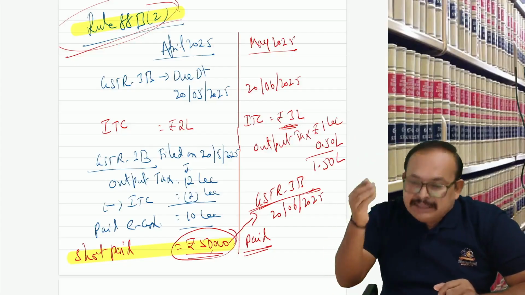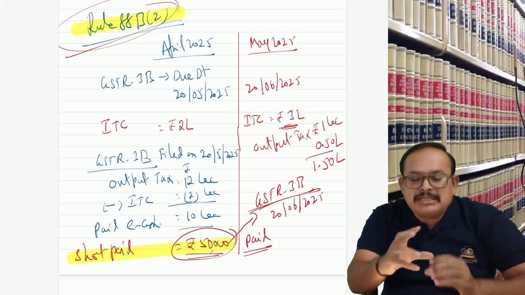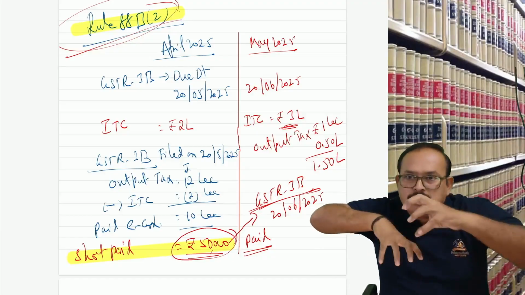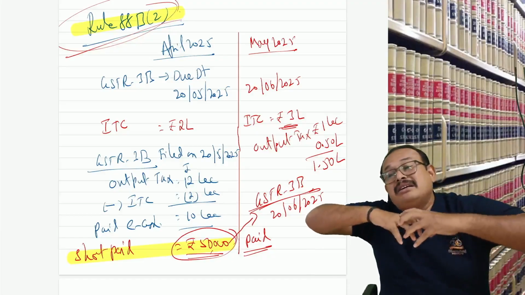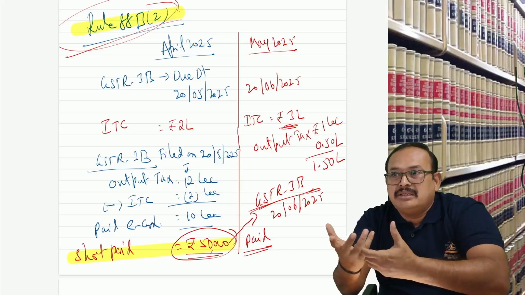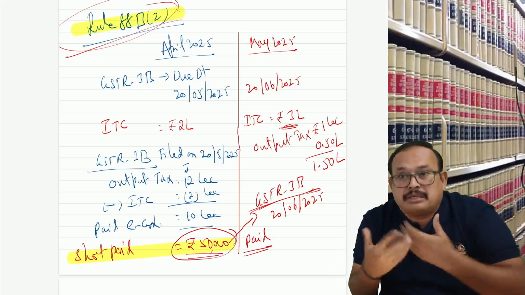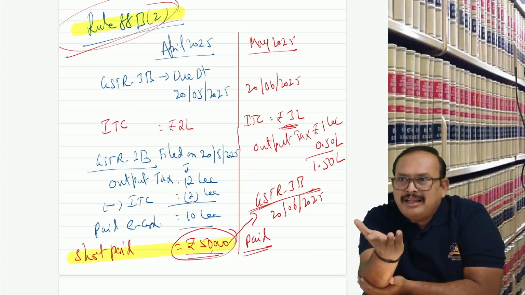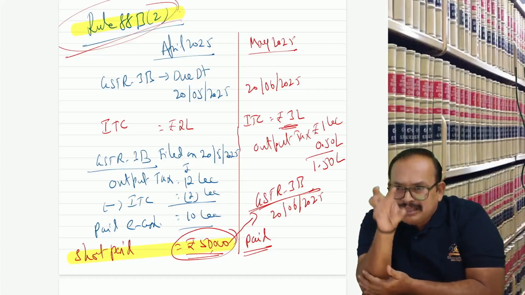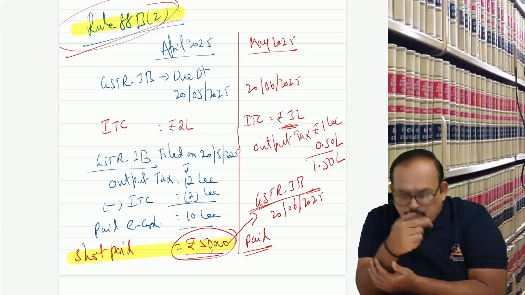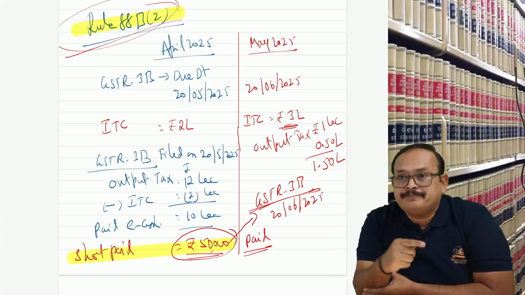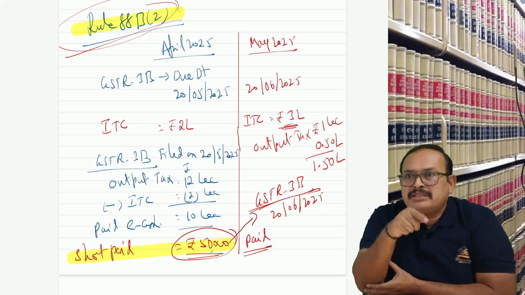It is the money of the government, but the money shifts from the electronic cash ledger account to the government revenue account, the treasury, only when I submit the GSTR-3B. But the amount is available with the government only, na? The electronic cash ledger is the ledger of the government through which I am paying. Payment will take place only when I submit the return, but the amount is there in the ledger account.